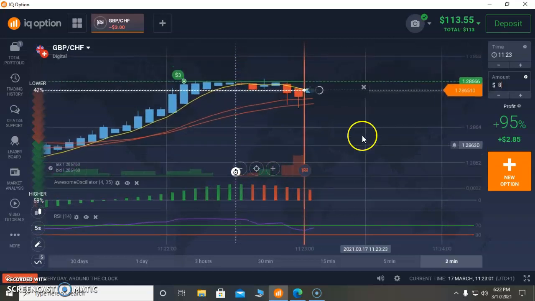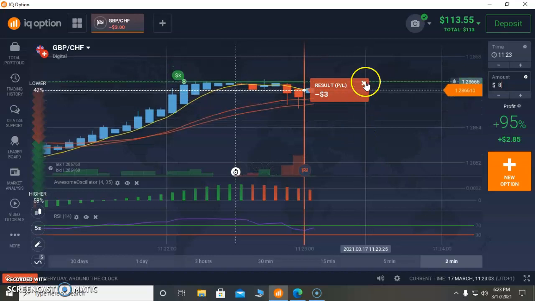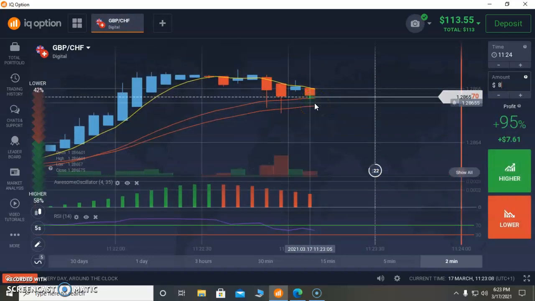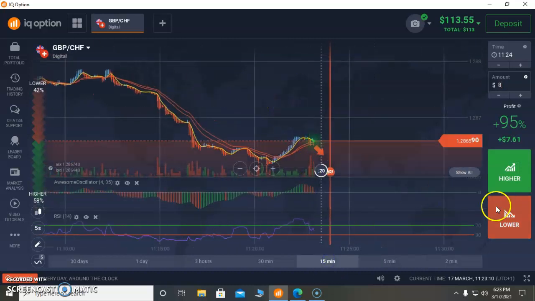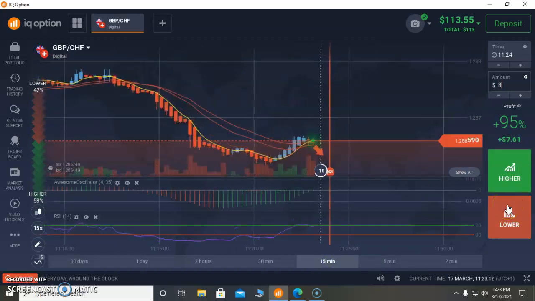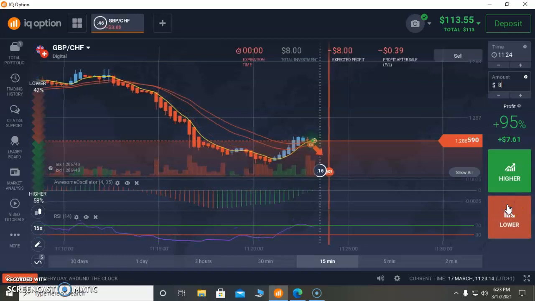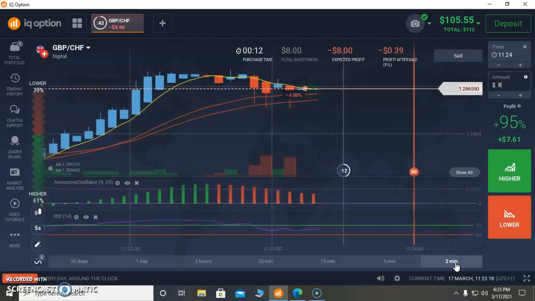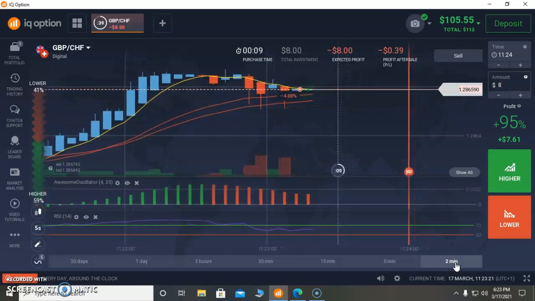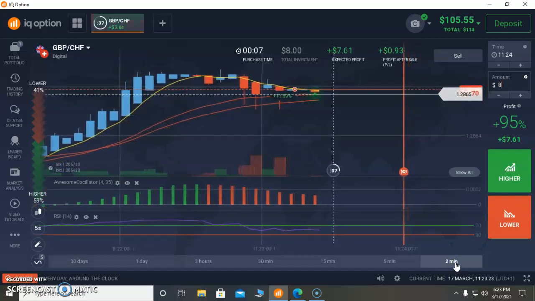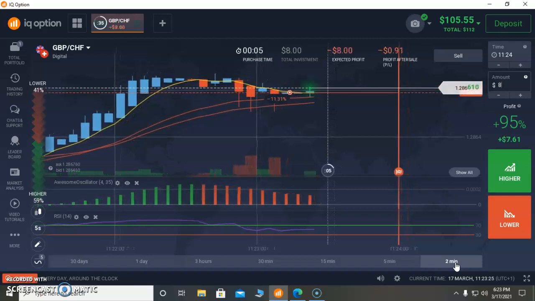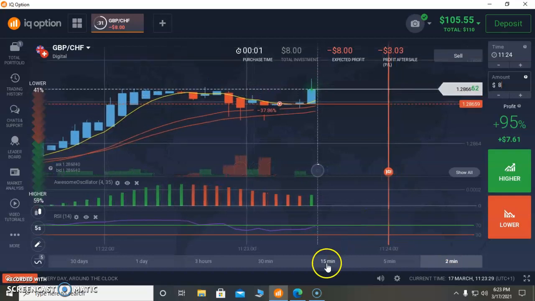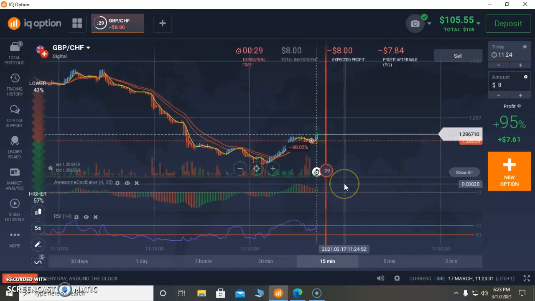Inabot po. Kinulang lang. So judgment, lamang pa rin ang lower. Lower na tayo. Okay, dip. Aray ko po.